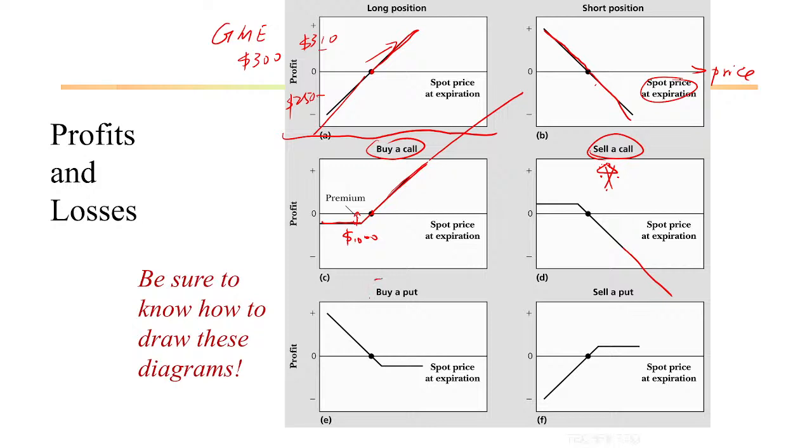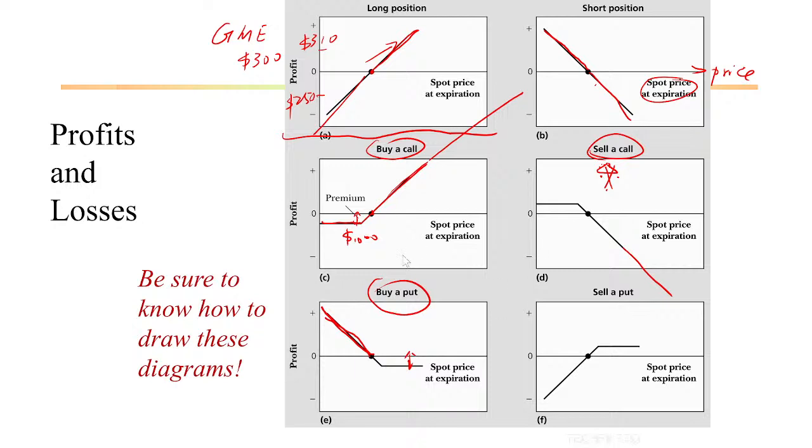And buying a put option is taking a long position. You are expecting the price to drop. If the price declines, your profit is pretty good. If the price goes up, the most you lose is the option premium paid to buy the put option.